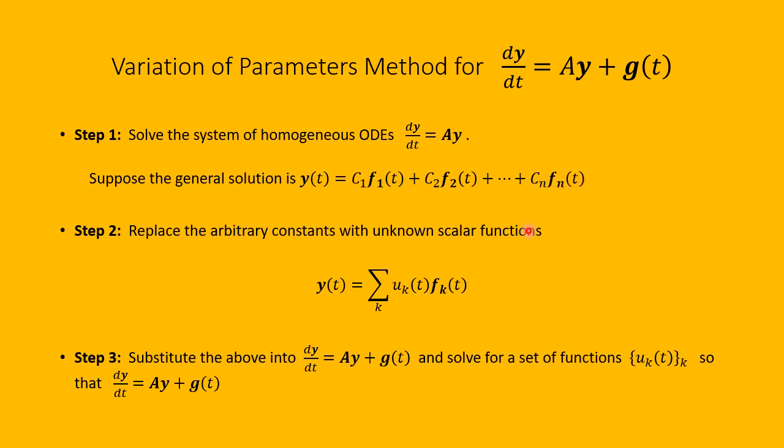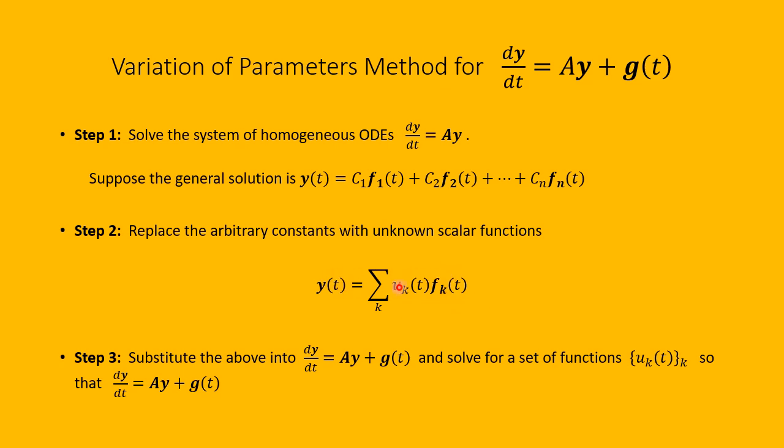The crucial first step in variation of parameters, which will be our step 2, is to replace these arbitrary constants c1, c2 through cn up here with unknown scalar functions, u1, u2 through u sub n. And so y of t will be the sum over all k, u sub k of t times f sub k of t.